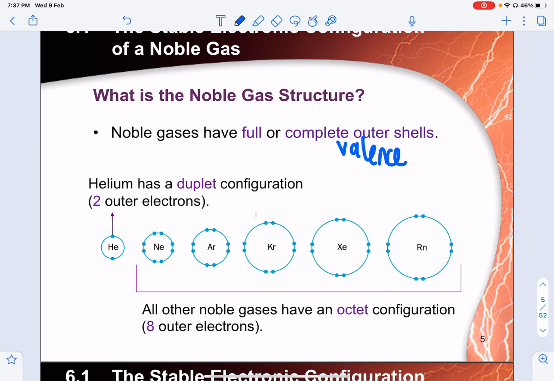Helium is the only exception, where it has a duplet configuration. The other noble gases have 8 valence electrons in the outer shell. However, helium only has 2. Why? Because the first electron shell can maximally take only 2 electrons. So this is the only exception to the rule for group 0 elements.